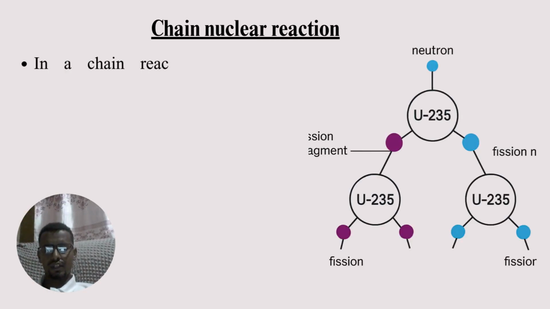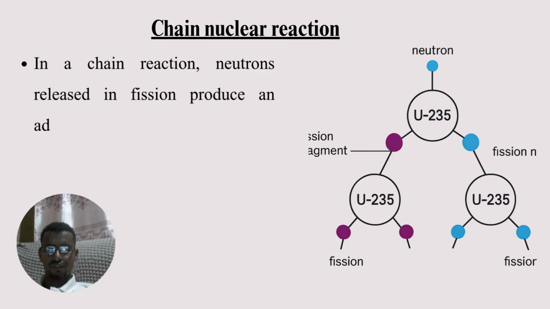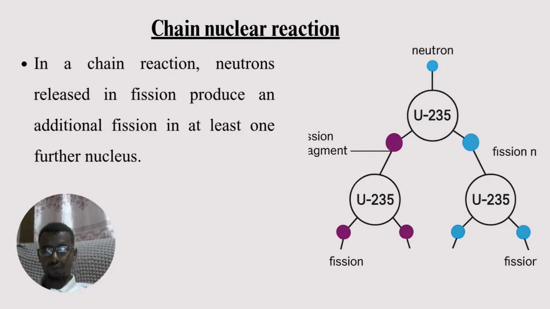Okay, in a nuclear chain reaction, neutrons released in fission produce additional fission in at least one further process.